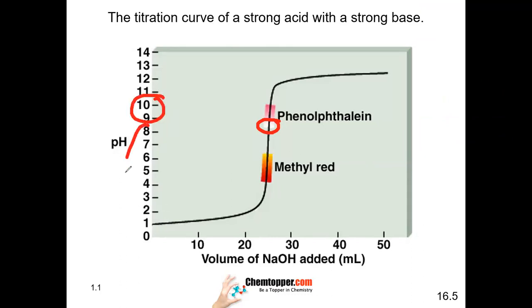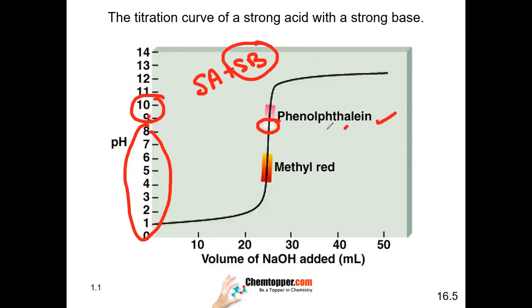If pH is lower than 9, it is totally colorless. But when the pH is more than 9, around 10, 11, 12, then it shows pink color. So generally it is used in the titration of strong acid and strong base.